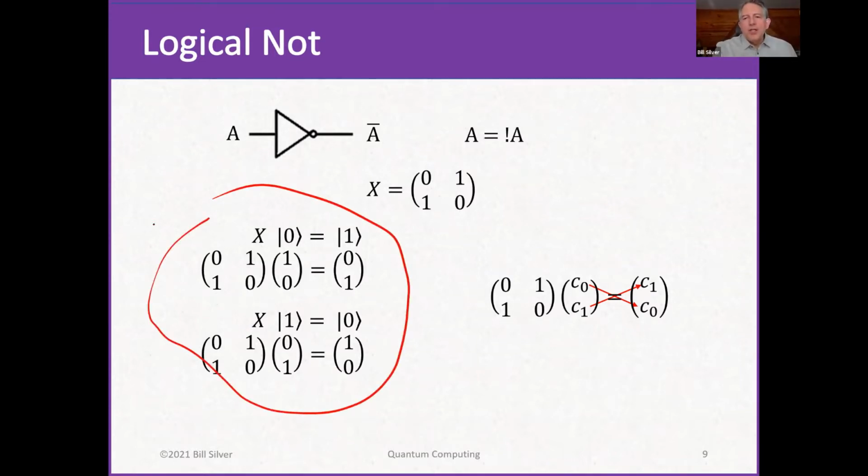And in the general case, it flips the two components of the quantum state. This is a possible rotation. You may remember that rotations are described by unitary matrices, where their conjugate transpose is their inverse. And this is an example of a real simple unitary matrix. So I think that's where we were.